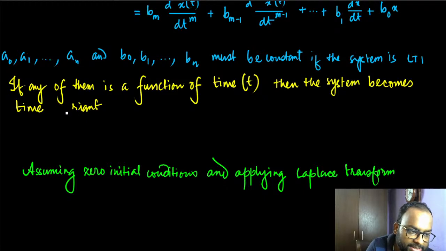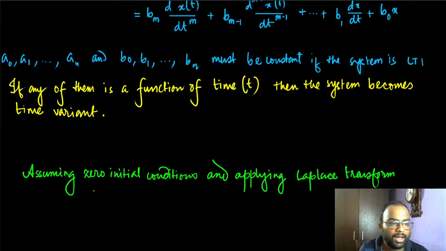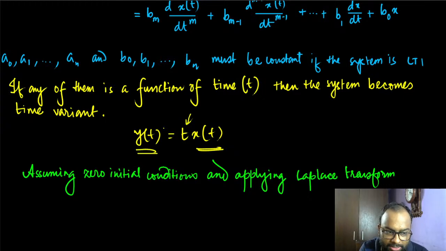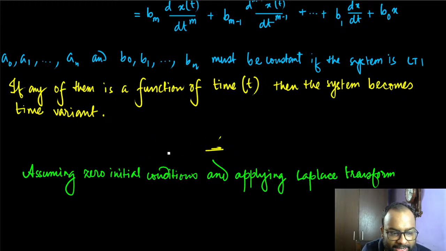Again, you studied this in your signals and systems classes. Time variant systems are explicitly dependent on time. A very basic example would be something like y(t) equals t times x(t). For this kind of system, applying the same input at a different time would not give you the same output, because a function of t is explicitly there working as a coefficient.